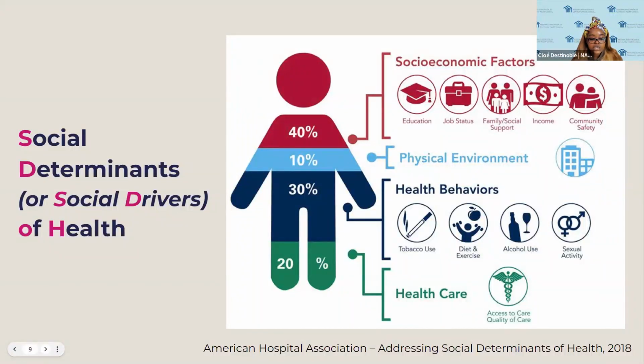So SDOH is neither positive nor negative. Each person is impacted either positively or negatively by social drivers or determinants of health. And as you can see, healthcare only makes up about 20% of that. Everything else is SDOH: economic, physical environment.